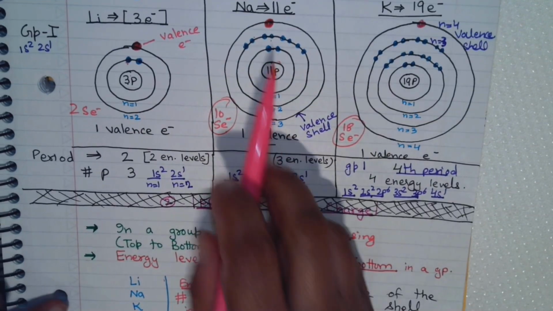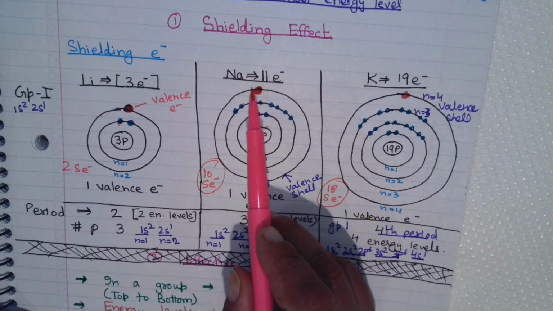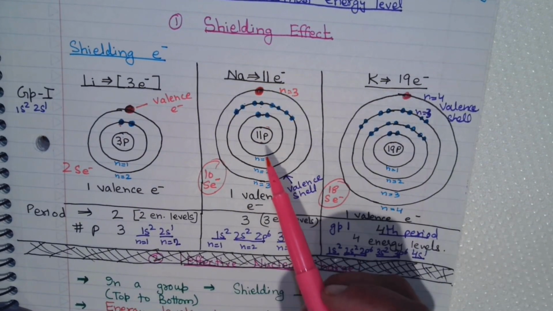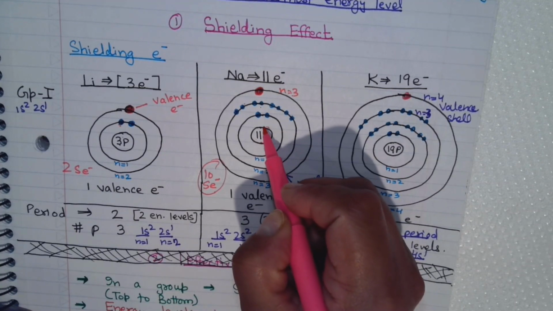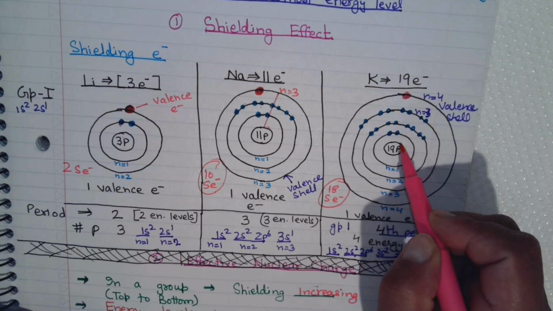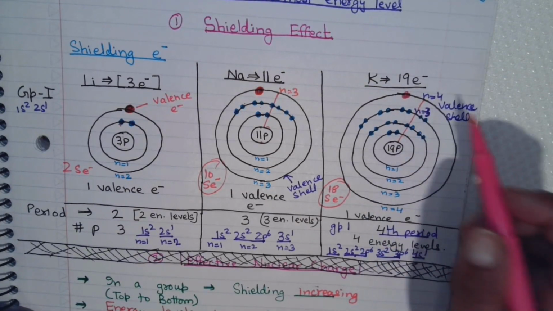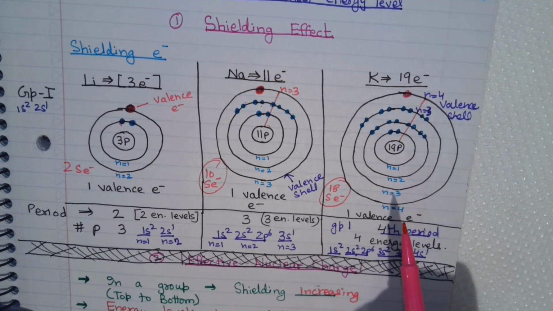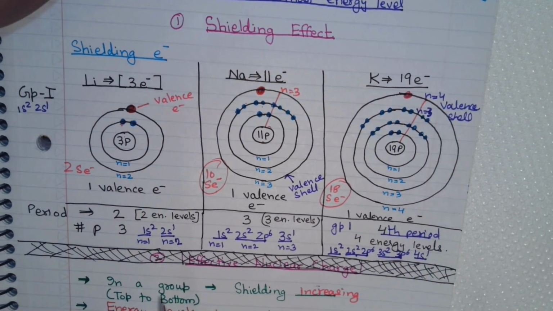Nucleus is in the center. Look at the valence shell. So n equals 3 is the valence shell in sodium. The distance of the valence shell is increasing from the nucleus. It's getting further and further away as you go down in the group, because we are adding one whole new energy level, right? So what happens?